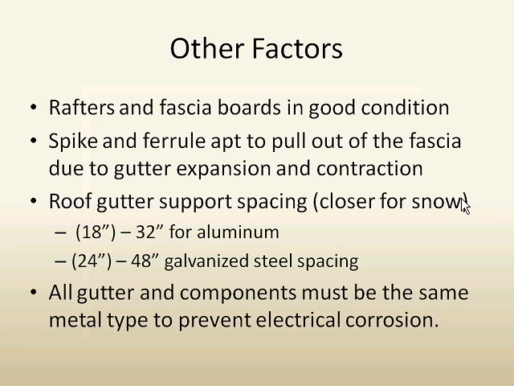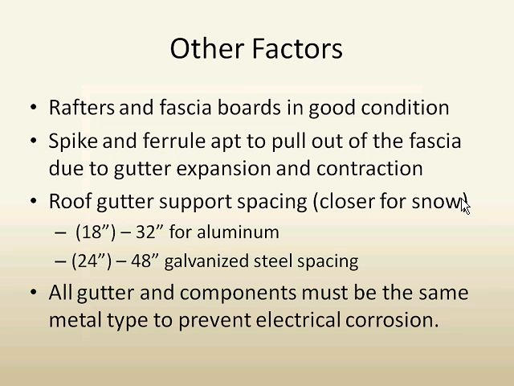Many times when you have long runs of roof, these don't work very well because of the expansion and contraction of that metal. For a 100-foot run of roof, you could have almost a couple inches of movement of that metal from just the expansion and contraction, and that will actually work those spikes out.